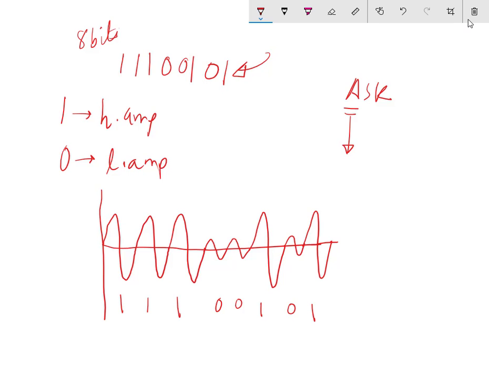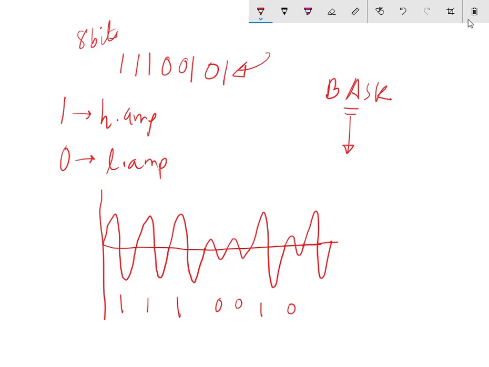So we have 8 bits. One thing to note here, we are encoding one bit at a time. We are encoding 1, then another 1, then another 1, then 0, then 0, then 1, then 0, then 1. So you can see we are encoding one bit at a time, because our modulation scheme was binary amplitude shifting. Binary means there are two options, 0 and 1. So we need to encode one bit at a time.